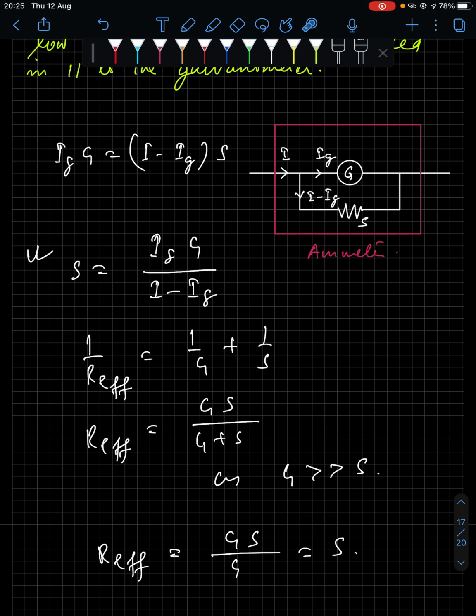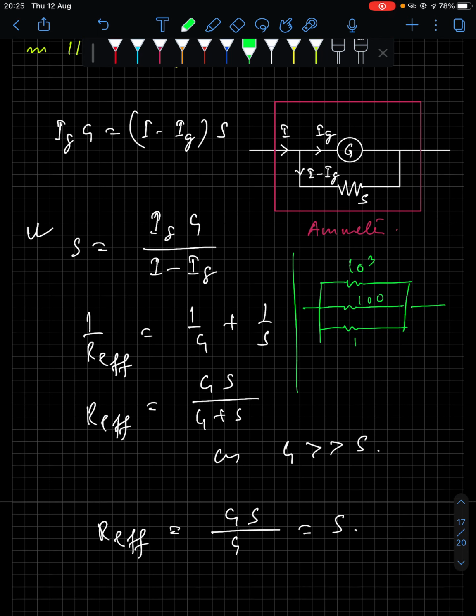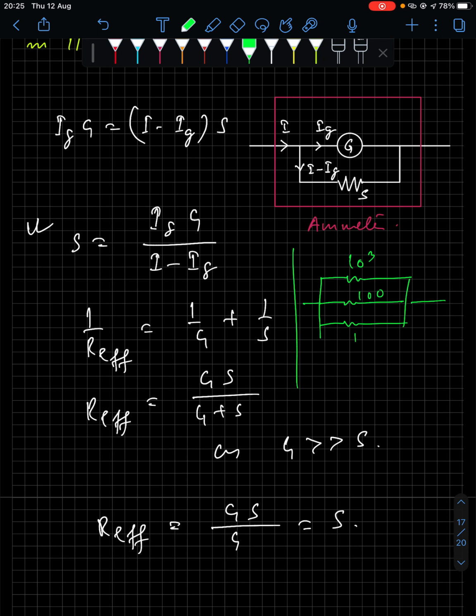Now I hope you know this thing, still I would like to talk about this once. In a parallel connection, say you have three resistances in parallel. Say one of the resistances is 1000, one is 100, and the other one is 1 ohm only.